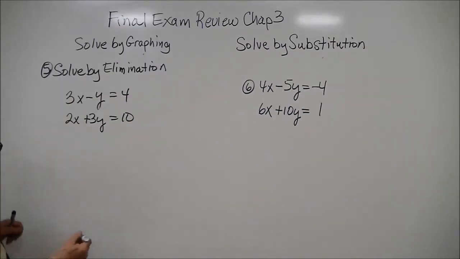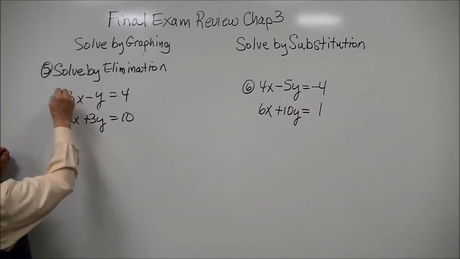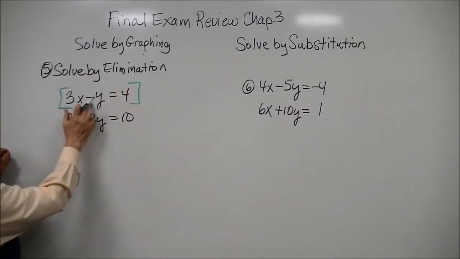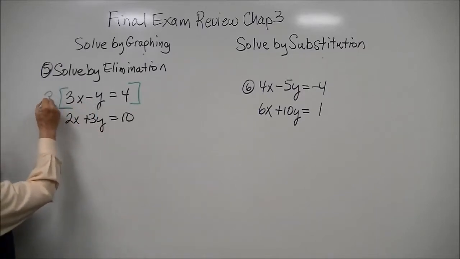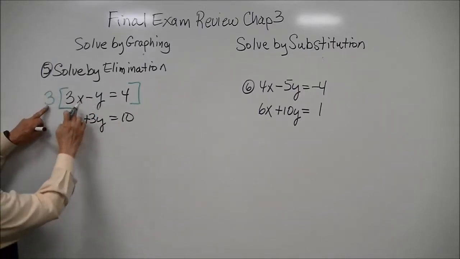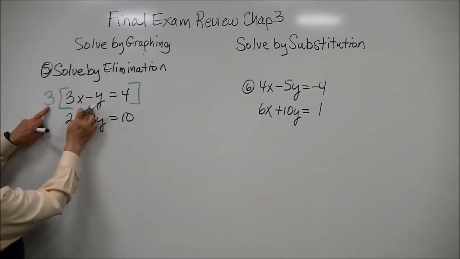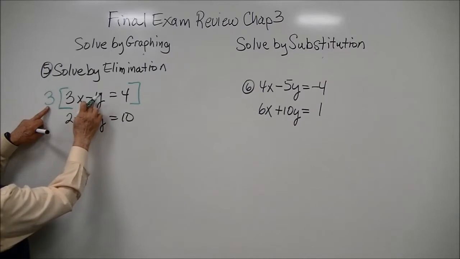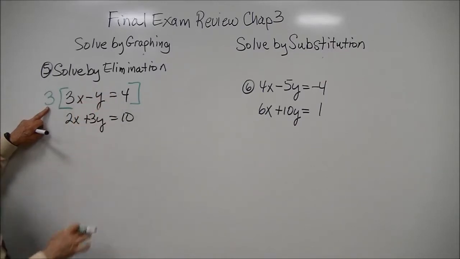So what I'm going to do is take this equation and multiply it by 3. Why? Because when I multiply this term by 3, it becomes a -3y, and these will cancel out.